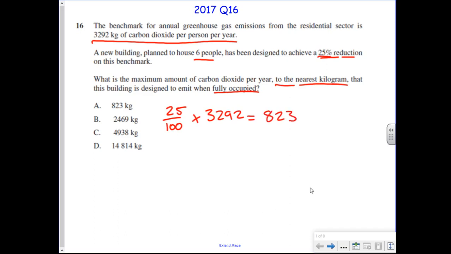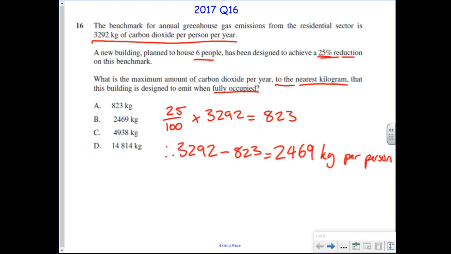That's how much better they're going to be doing, so we want to decrease that. So we're going to do 3,292 minus 823, which equals 2,469 kilograms per person.